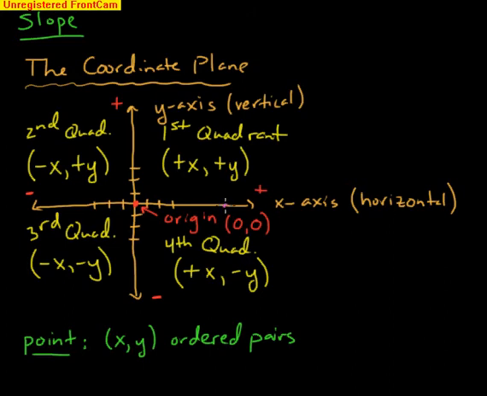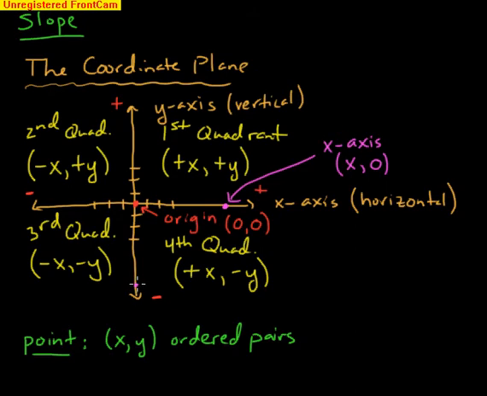There are two more places where points could go. The first is on the x-axis. If you are a point on the x-axis, then you go left or right, so you have an x-coordinate. But your y-coordinate is 0. You never leave off the axis. You don't go up or down.